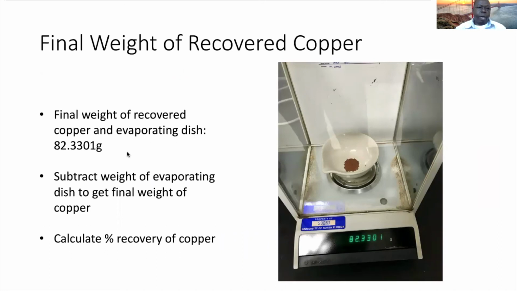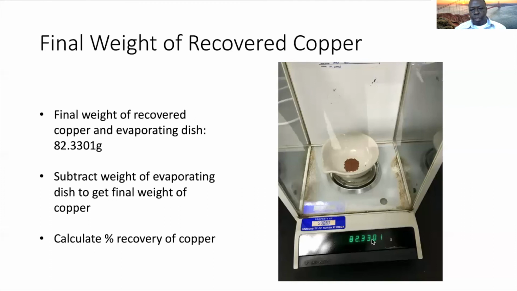If I know the mass of the empty evaporating dish and the mass of the evaporating dish and copper, you subtract the weights to get the mass of copper recovered.